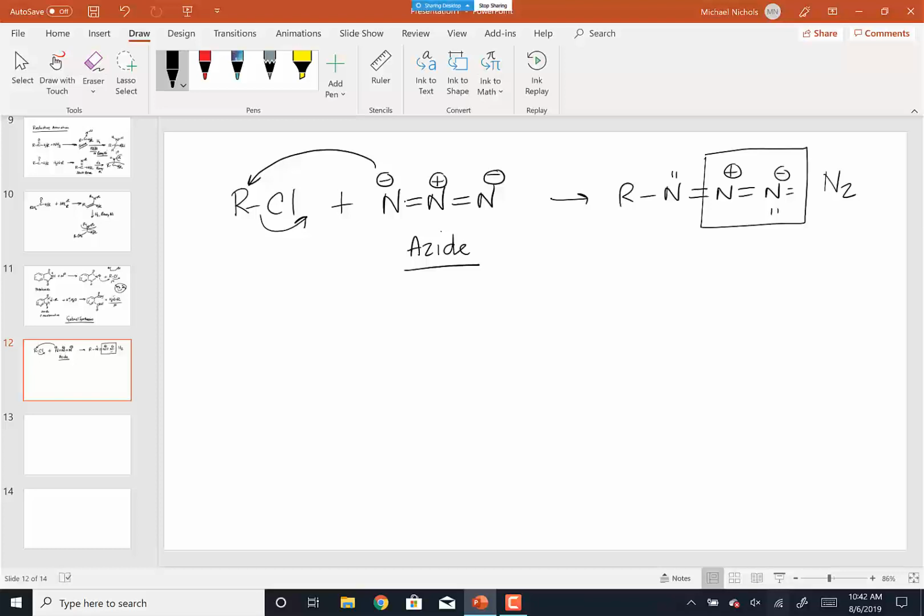So what we then do with the azide is we very carefully make it, and we just treat it with lithium aluminum hydride. And when we add the lithium aluminum hydride to it, what we end up doing is losing the N2 molecule and converting the one nitrogen into a primary amine.